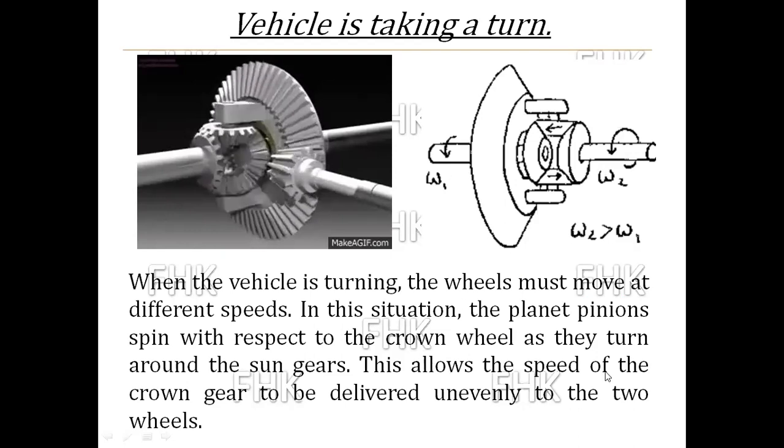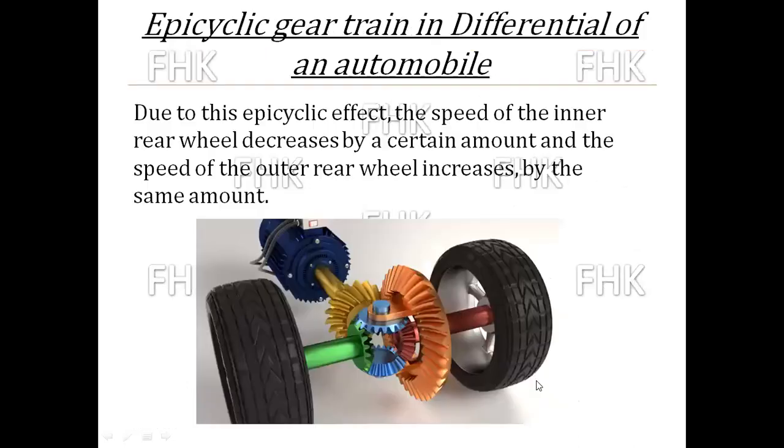This allows the speed of the crown wheel to be delivered unevenly to the two wheels. Due to this epicyclic effect, the speed of the inner rear wheel decreases by a certain amount, and the speed of the outer wheel increases by the same amount. That is the speciality of the differential gear unit.